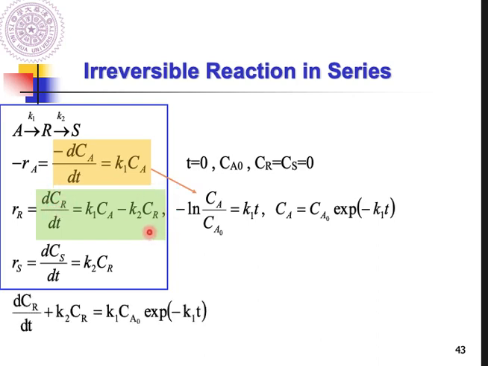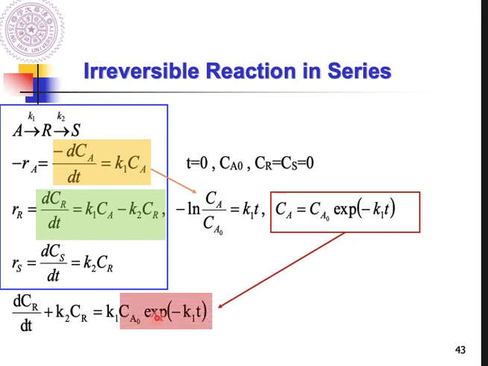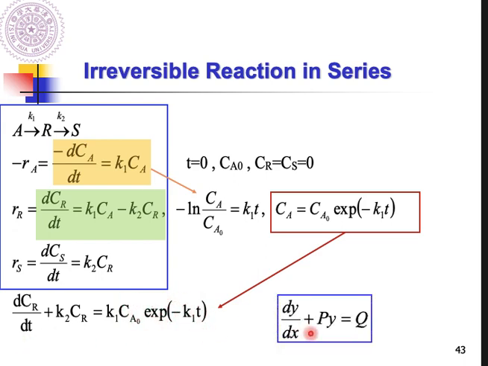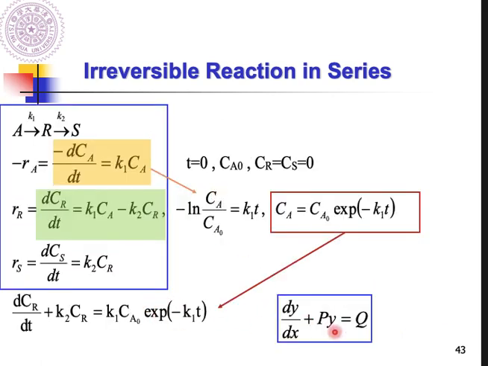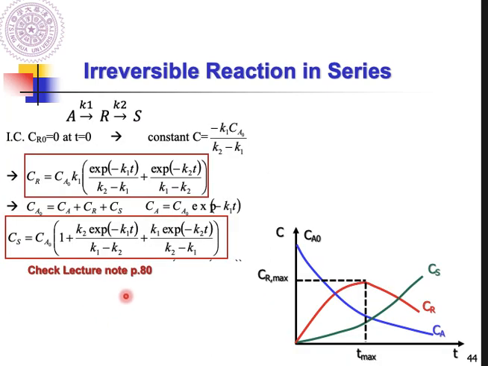So based on this idea, K1CA and K2CR are here, and the only unknown is CR. Based on this equation, CR can be expressed like this because it totally fits this form of equation, where Y is CR, P is K2, and Q is this term. The solution for this type of equation can be expressed like this for CR.